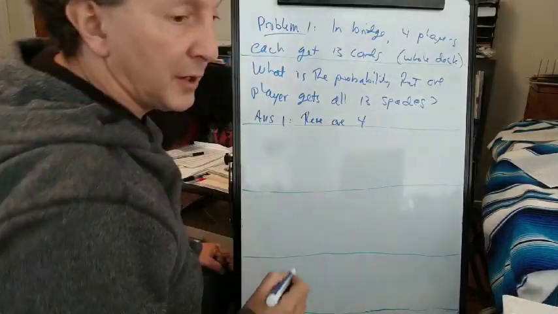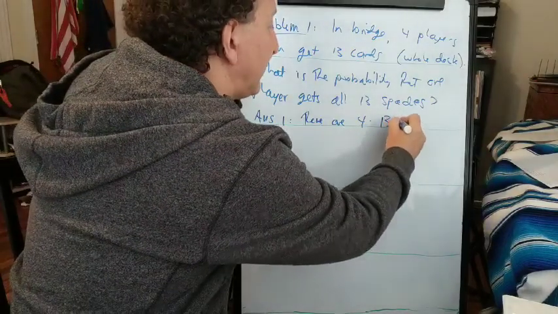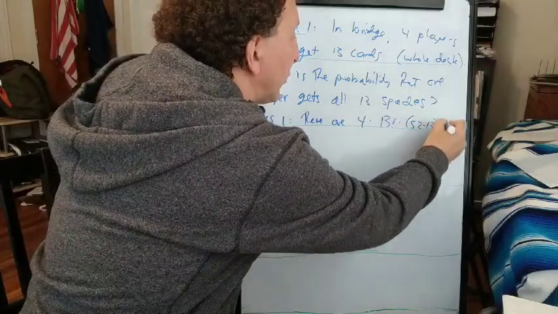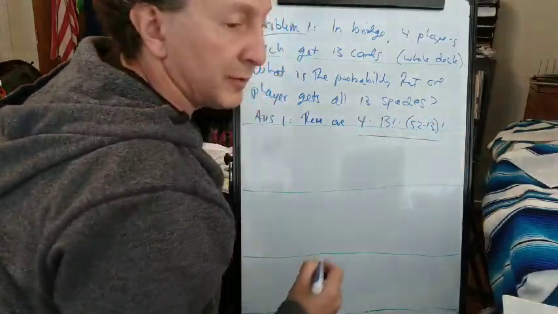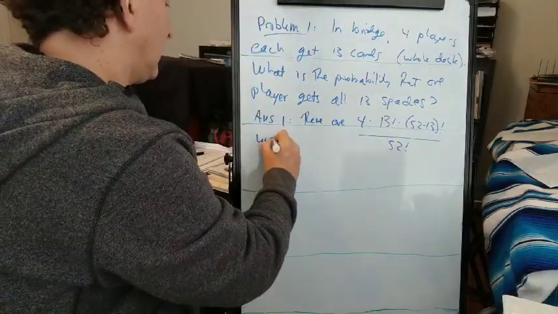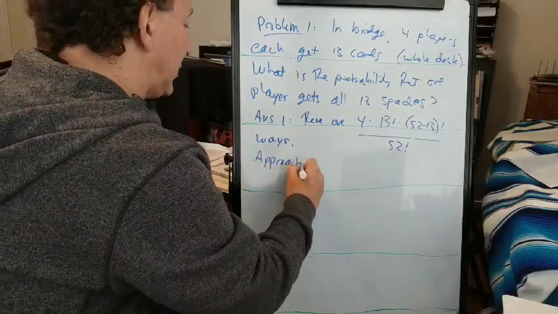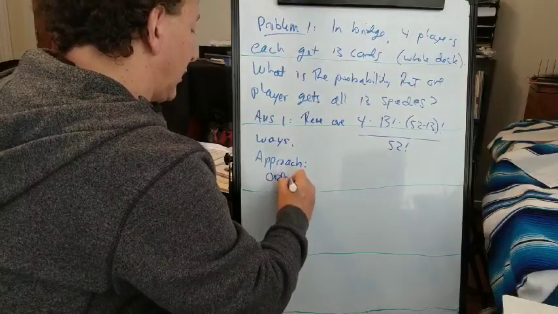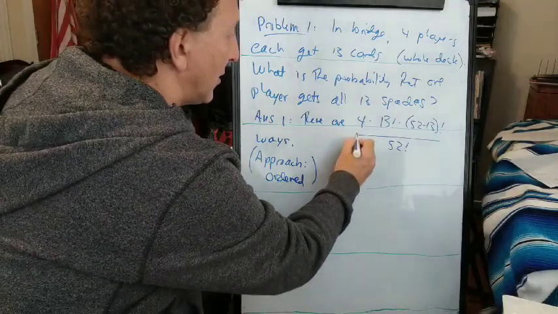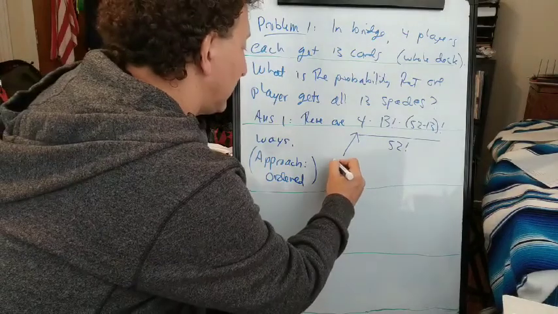So I say that there's 4 times 13 factorial times (52 minus 13) factorial, all over 52 factorial ways. The approach I'm using here is I'm looking at everything as ordered. So the 4 comes from deciding which of the 4 players gets the spades.